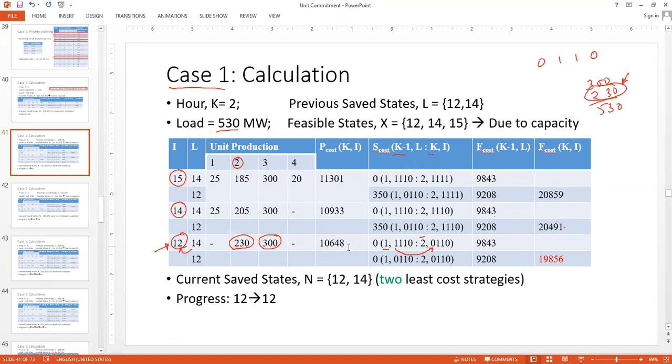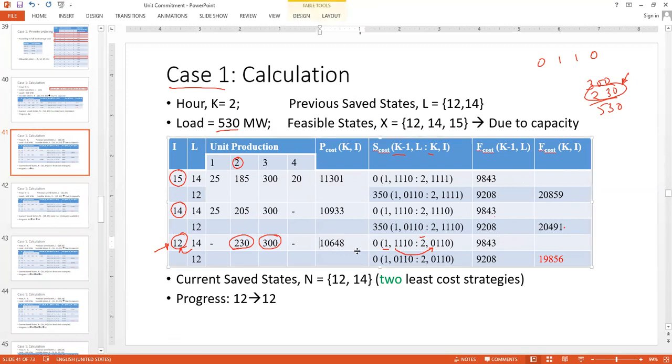To get this F cost, we add this plus this plus this, and on the other hand, we add this production cost plus this plus this. The 0 is there in both cases. Among these two summations, the minimum one should be this plus this, so that is what is listed.